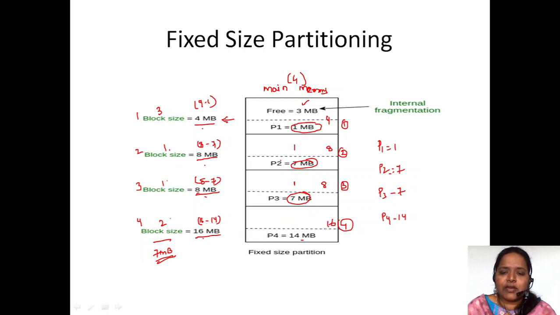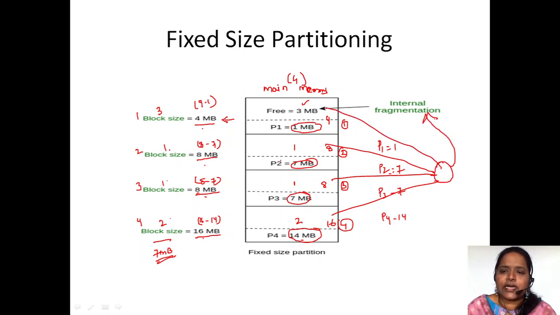Out of 16 we used 14 MB, 2 MB is left over. These leftover spaces, all these leftover spaces, we call internal fragmentation. Got it? Those leftover spaces we call internal fragmentation. I will tell you about external fragmentation also.